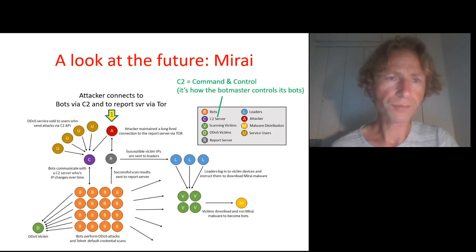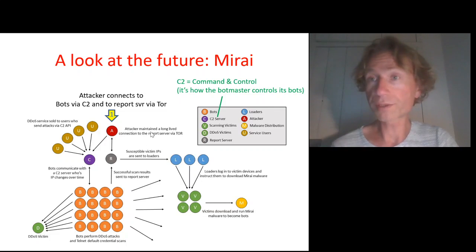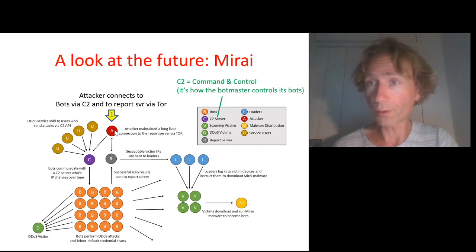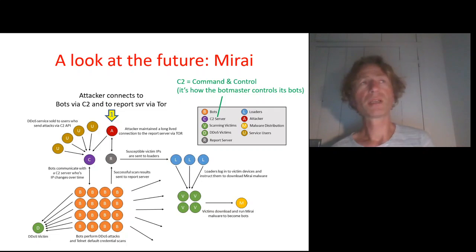So the attacker connects to its bots, the machines that had been infected, via a command and control server, okay, and also to the report server. And it would do so via the Tor onion routing system.